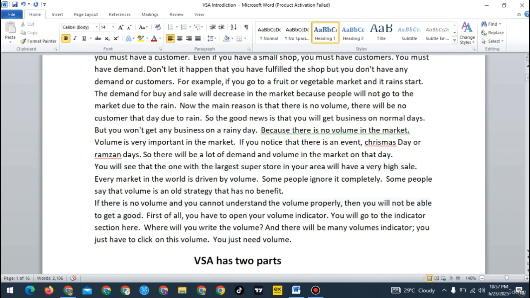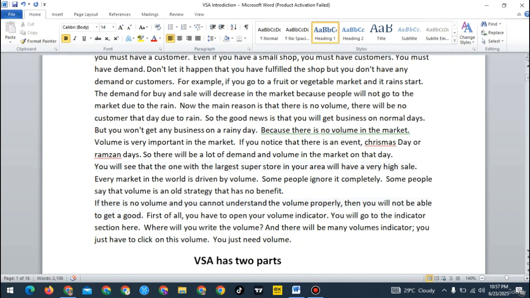Every market in the world is driven by volume. Some people ignore it completely. Some people say that volume is an old strategy that has no benefit. If you cannot understand the volume properly, then you will not be able to get a good profit.